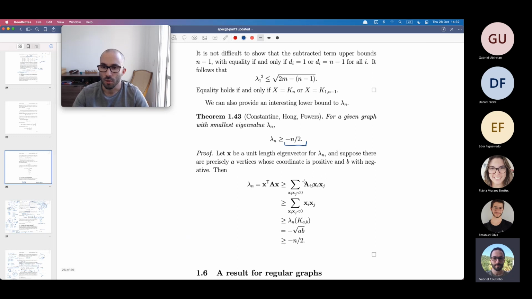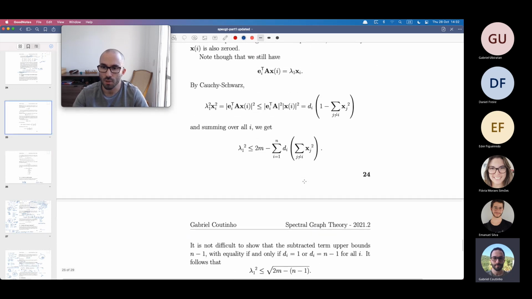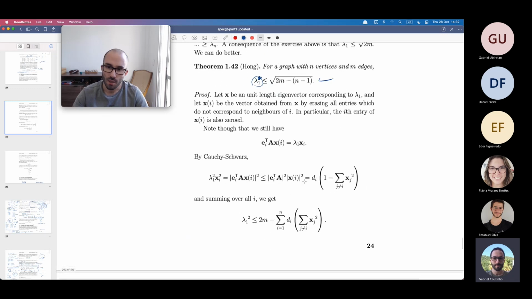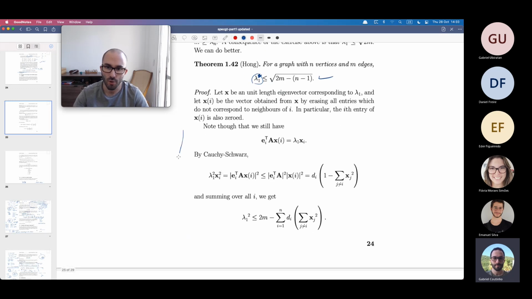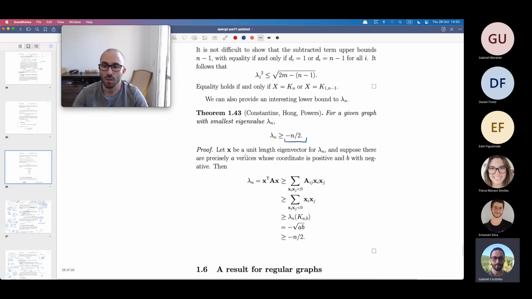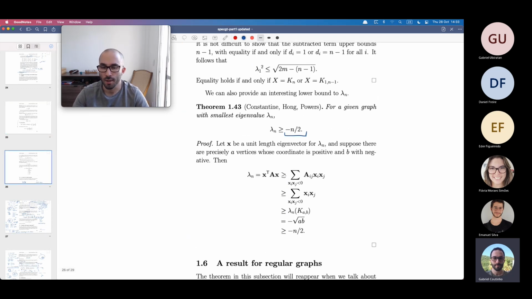So these are 2 simple results that allow us to bound up and down the size of the smallest and largest eigenvalues of a graph in terms of the number of vertices and edges alone. This is a slightly more complicated proof, but it's nonetheless quite interesting. It uses Cauchy-Schwarz, so if you're curious, you should read it through. This one is more simple and actually quite nice as well.